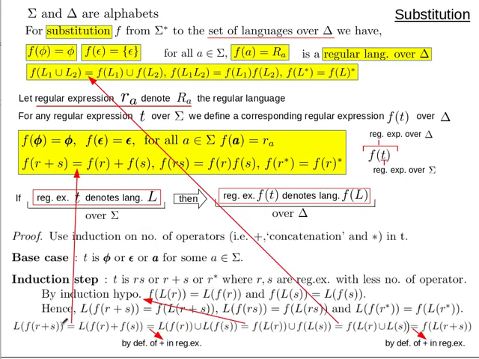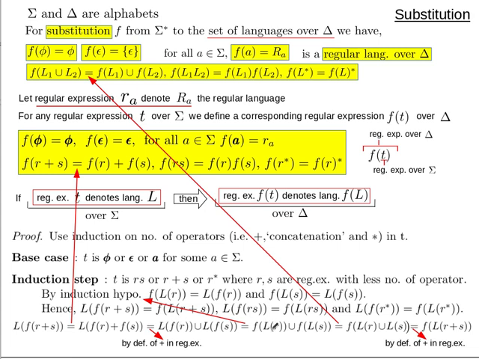So from here you can have this from here, and from here to here you go by the definition of regular language, right? Because in regular language this plus means union. So this is by the definition of regular language. So once you have this, then by induction hypothesis you have this thing.